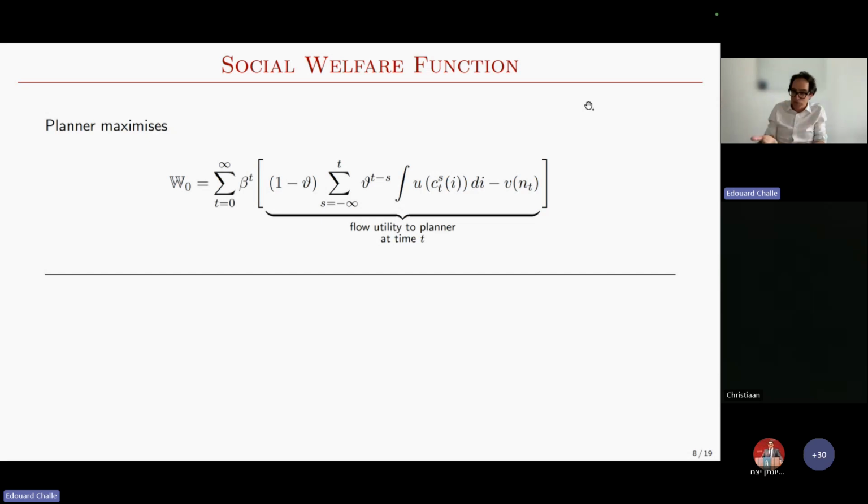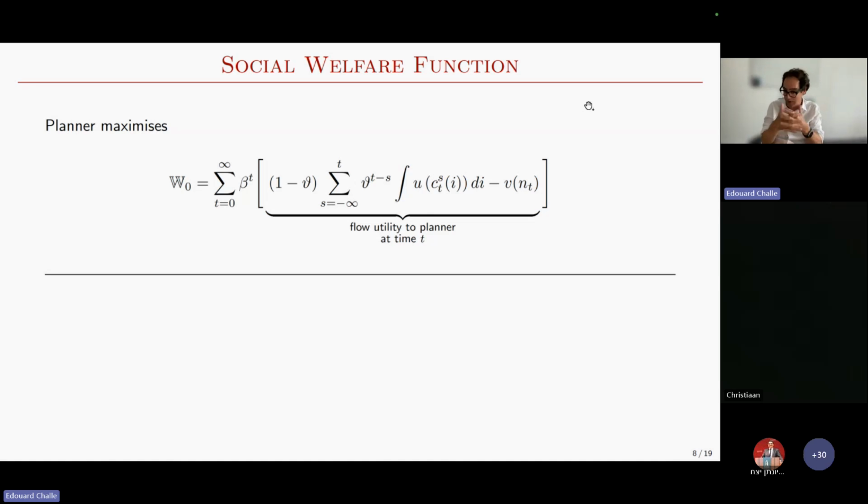But in these flows, you have lots of different people. You have people belonging to different cohorts because we have a Blanchard-Yaari demographic structure. So that's the discrete summation term in this expression. And within a cohort, they are heterogeneous because they have been hit by different idiosyncratic shocks. This is the integral, the continuous summation term in this expression.